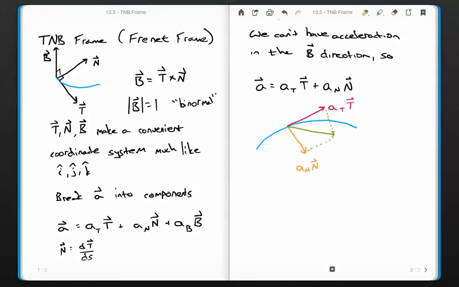So we can say that, and I'll try to do this color-coded. What color am I now? I'm in green.